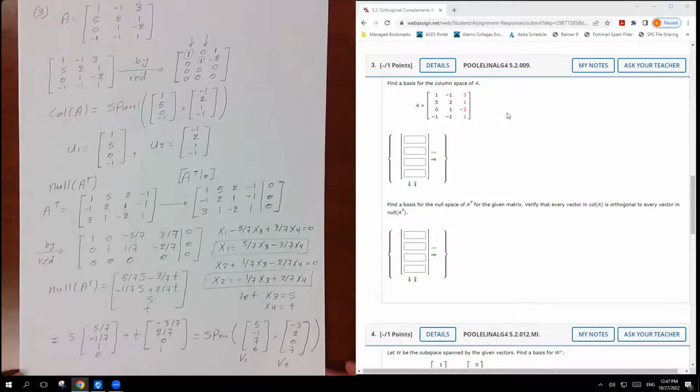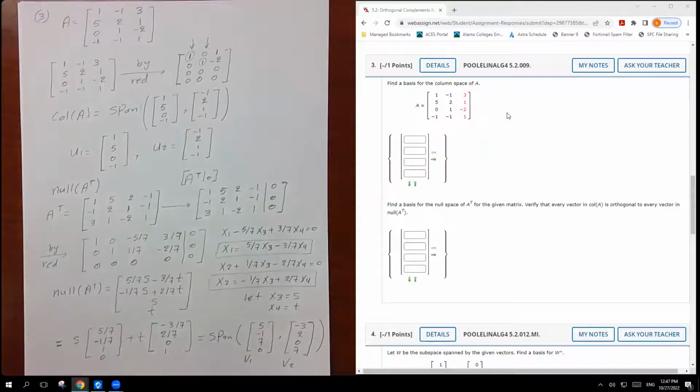That's what we're going to plug in here, but we need to prove, when you do the multiplication, that the dot product between U1 and V1 equals 0, U1 and V2 equals 0, U2 and V1 also equals 0, and the dot product between U2 and V2 equals 0, because they are orthogonal. So here we're just going to write the column space of A: 1, 5, 0, negative 1. And here we're going to type the second one, which is negative 1, 2, 1, and negative 1.